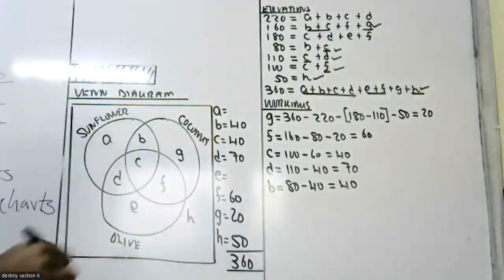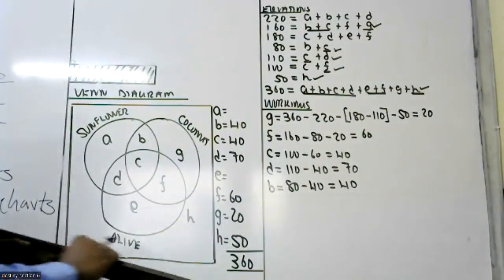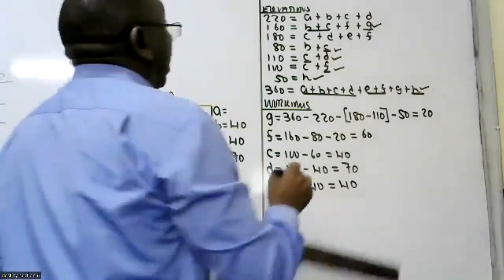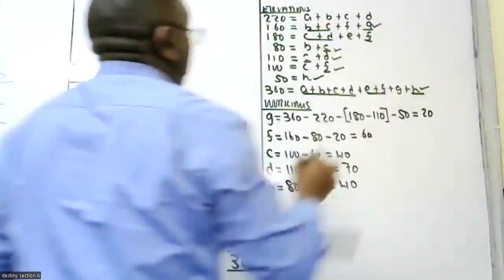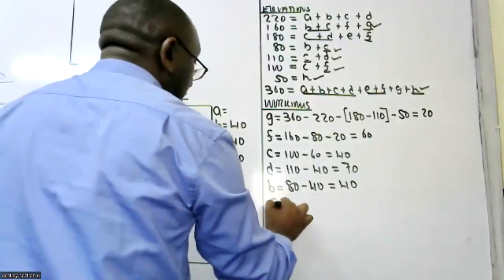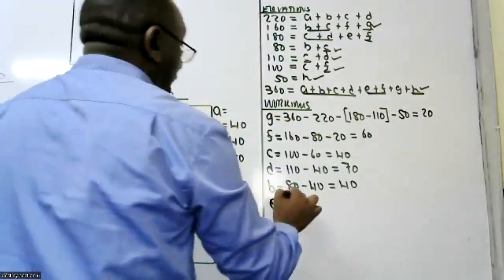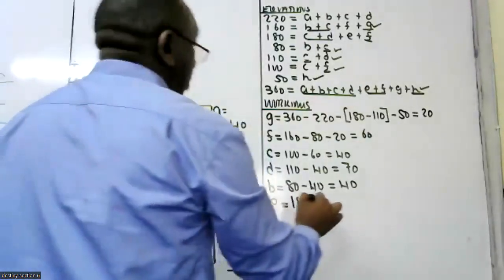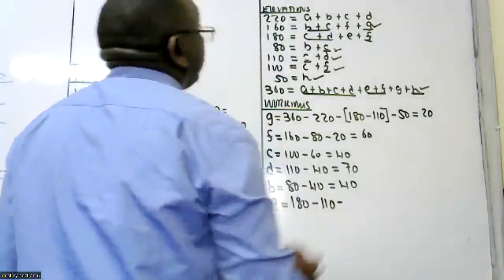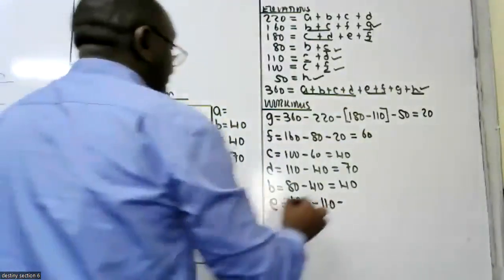And then we go to the other one up there where we know CD and F. CD is known, F is known. So we'll be able to say that E should be equal to 180 minus CD, which is 110, minus F, which is 60.